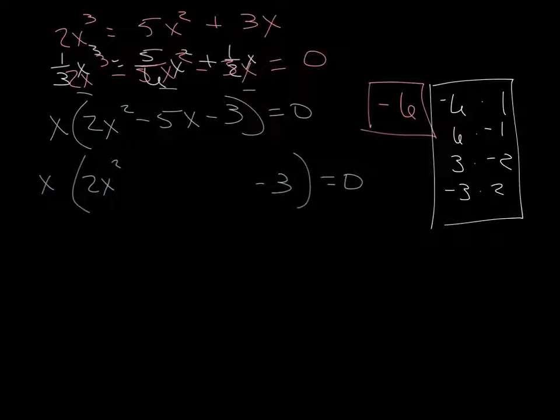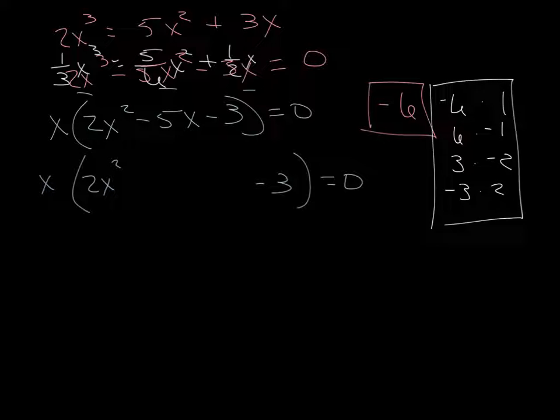So one of these sets of numbers is going to work. The one we choose is the one that when we add them, we get negative 5. We add these two, we don't get negative 5. We add these, no. The only one that works is this one: negative 6 plus 1 is negative 5.